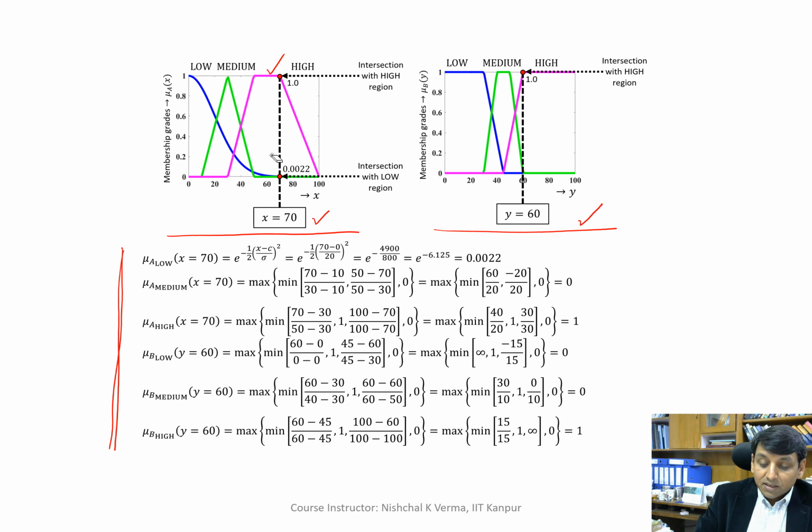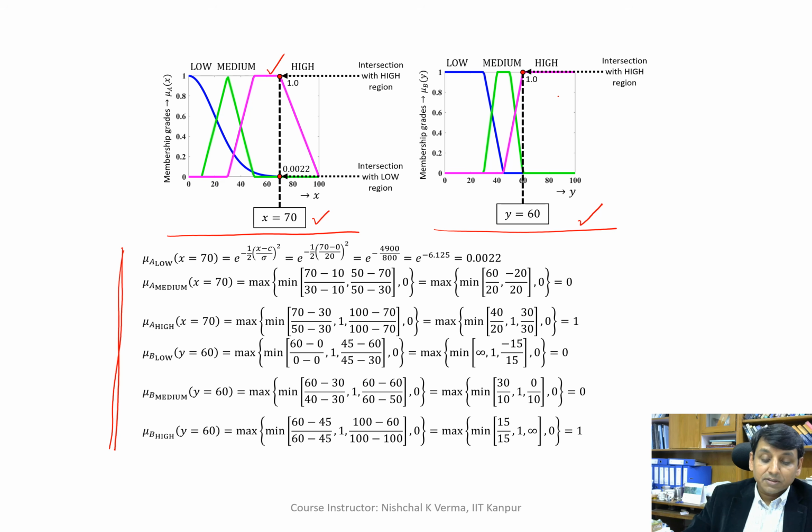Similarly, let us check for y is equal to 60. We see that only one fuzzy region is relevant, that is high. So we have two points of intersection for the first input variable x, and for y is equal to 60 only one fuzzy region.